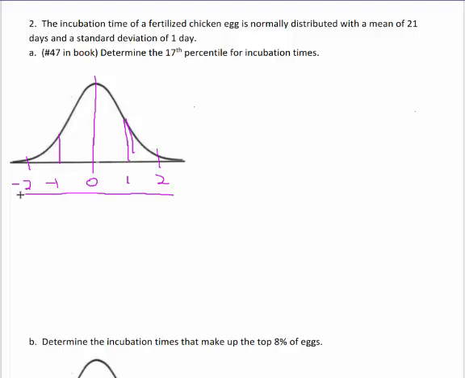Okay, so that's my z data. And then my raw data for this problem is 21 is the mean, standard deviation of 1, so this one's going to be 21 plus 1 standard deviation, 22, 23. This one's going to be over here, 21 minus 1, 20, and then 19.